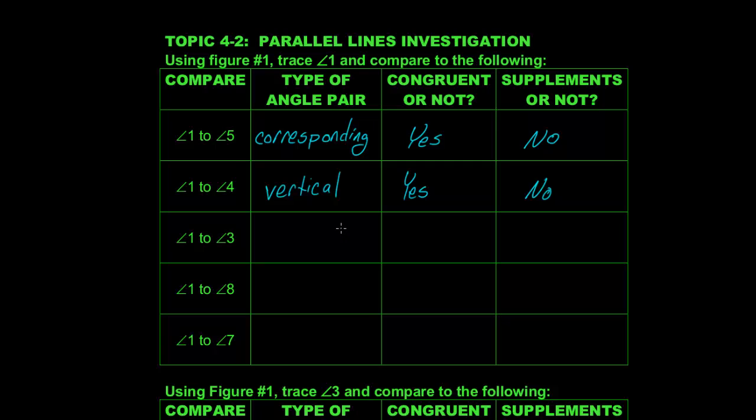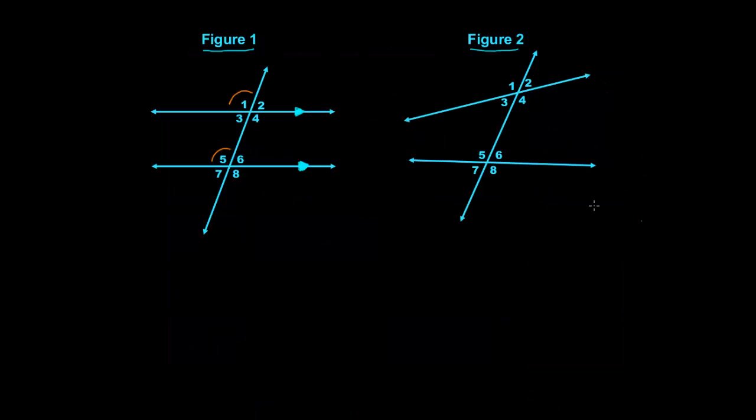All right, so 1 to 3. Now, 1 to 3, if I pull back over here, let's pull back to what I'm looking at. 1 to 3, here's our 1, and here's our 3. They're on the same line. And if we remember back here, go back a couple of notes, they're not our verticals.